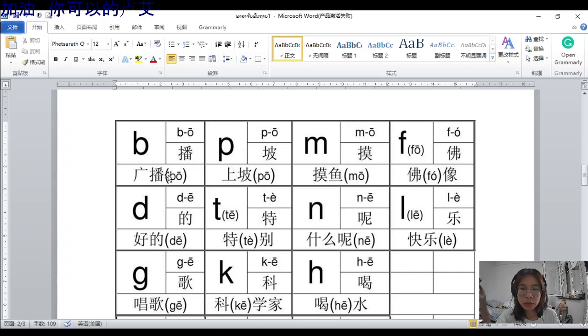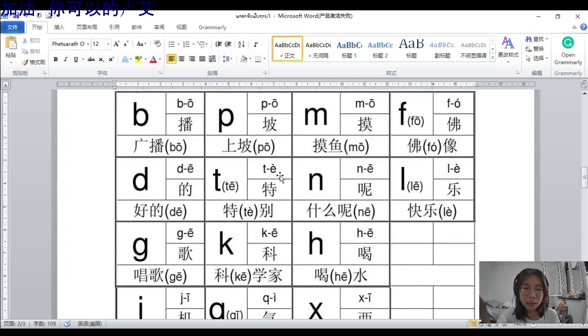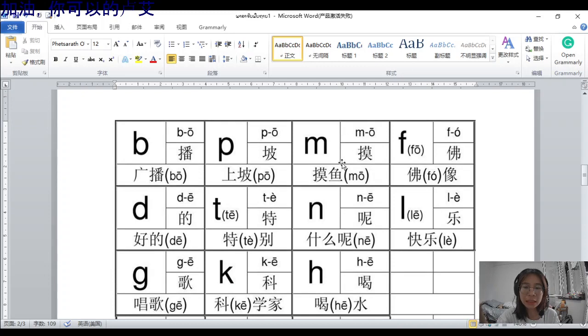As you have learned, if you watched the previous video, the way that I taught you was to follow the pinyin. But here is the basics of reading pinyin: you need to know the consonants and also the vowels, the elements of the pinyin characters, and how to pronounce them, because Chinese is different, right?